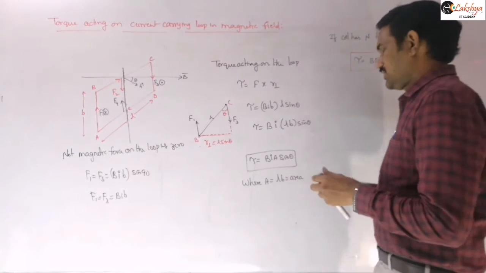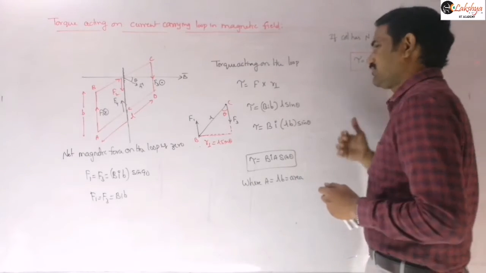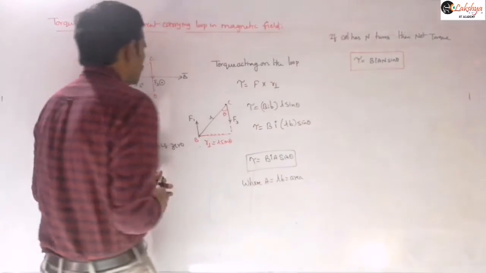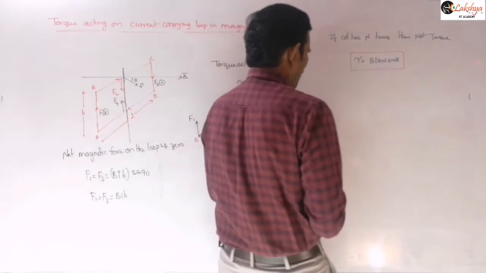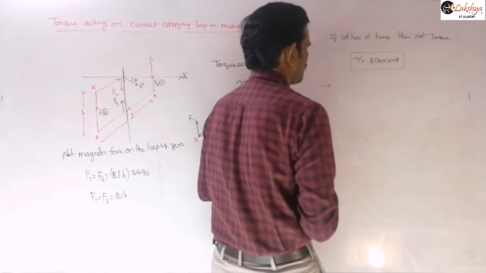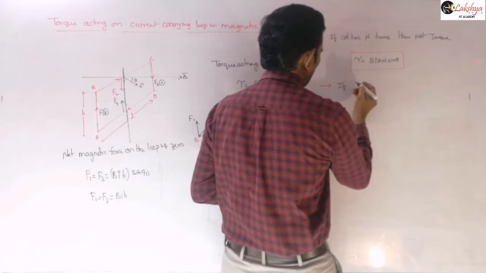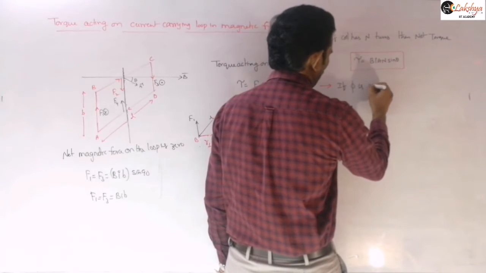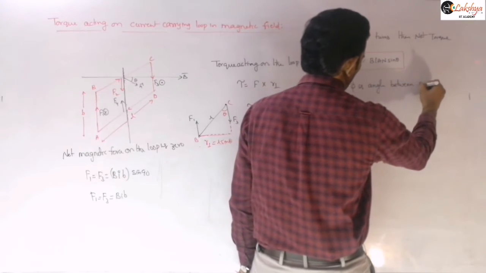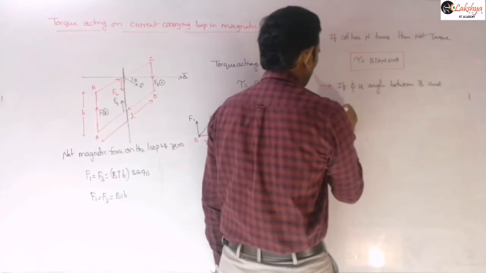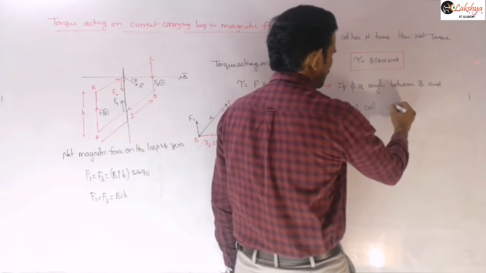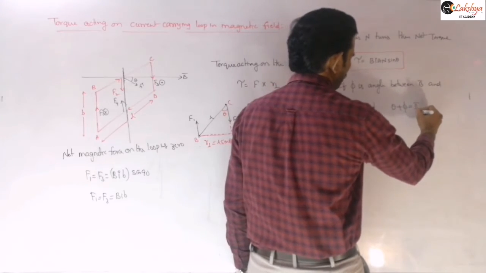Sometimes they will give the angle with the plane of the coil. So if phi is the angle between B bar and the plane of the coil, then theta plus phi should be equal to pi by 2.